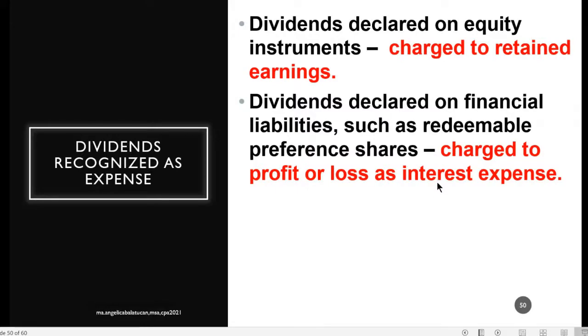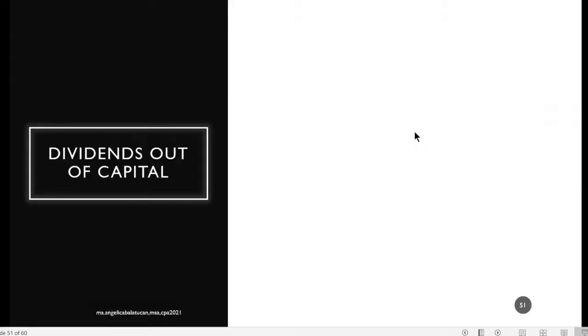Dividends declared on equity instruments are charged to retained earnings, and dividends declared on financial liabilities such as redeemable preference shares shall be charged to profit or loss as interest expense.